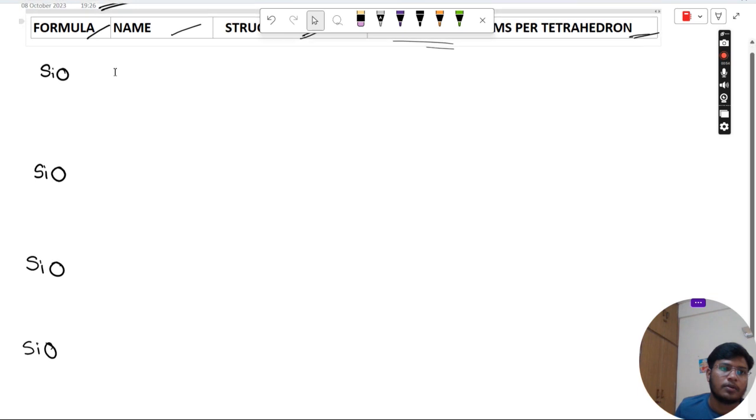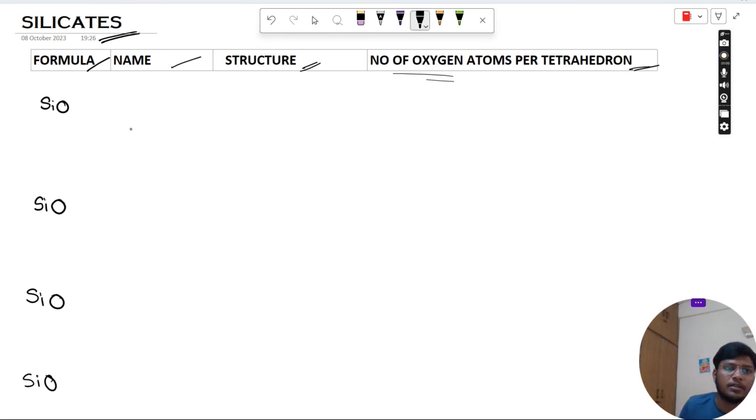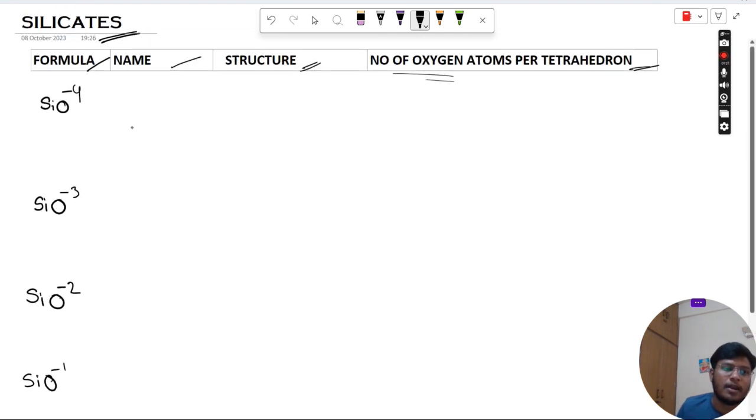The charges decrease in order starting at -4 and increase by +1, so -4, -3, -2, -1, and the fifth one is 0, obviously a neutral one.